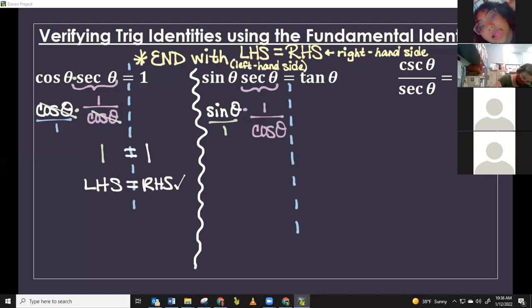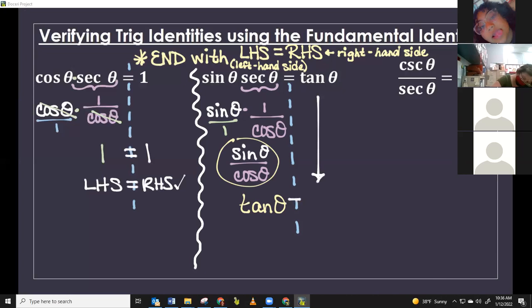That would have sine theta over cosine theta. And what do you guys know about sine theta over cosine theta? It is tangent theta. And on the other side, this whole time, we had tangent theta. Left-hand side equals right-hand side. Boom.